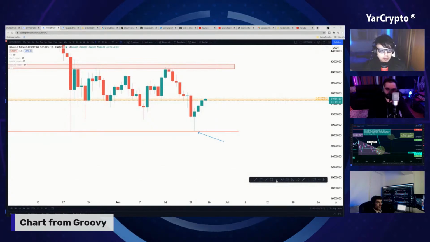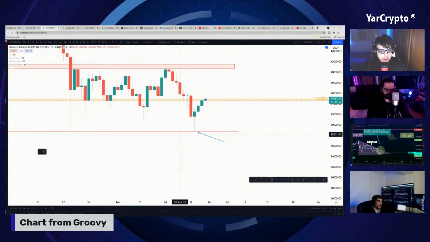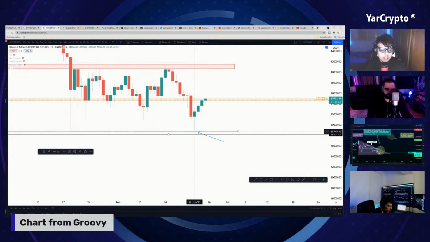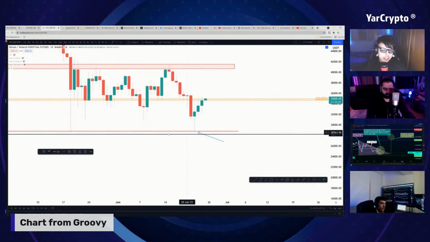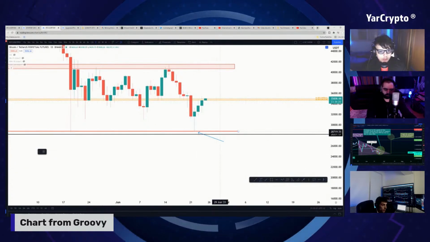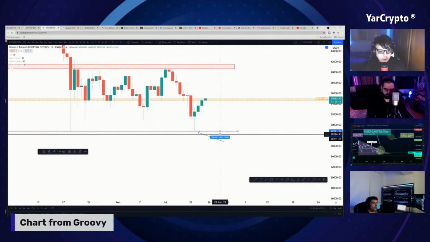Basically, if your trade goes sideways and it happens to close the daily at this point right here, below support, let's say the candle closed in the wrong direction and it invalidated your trade, you lost, let's say, 1.8% on this move.